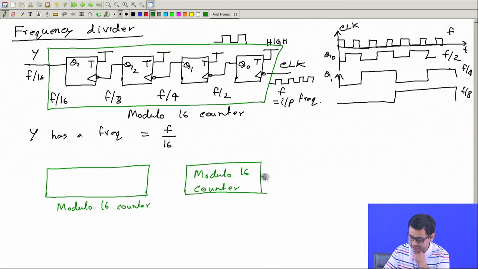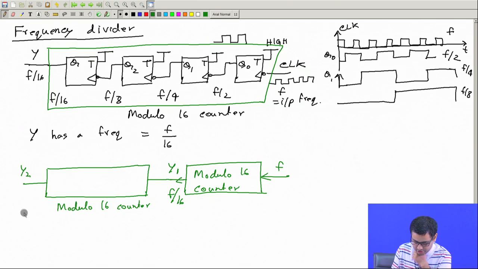Now you can give the input f here. The output from this, call it y1, will have a frequency of f by 16. Now you can connect it to the next counter, and then the output y2 will have a frequency of f by 16 square.